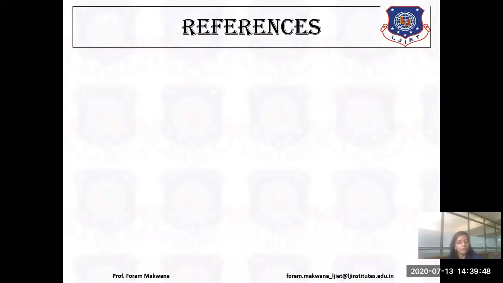In the next session, we will see what we mean by orbital control as well as transponder, and how this orbital control works.